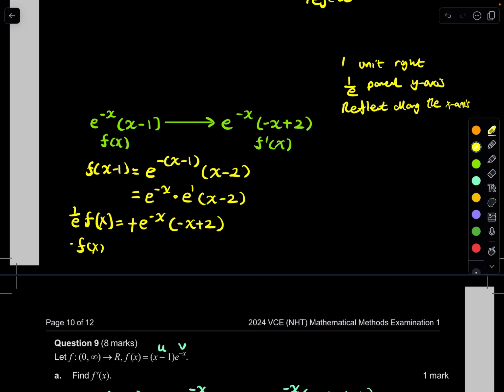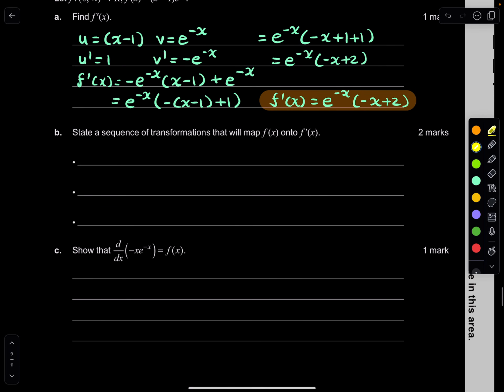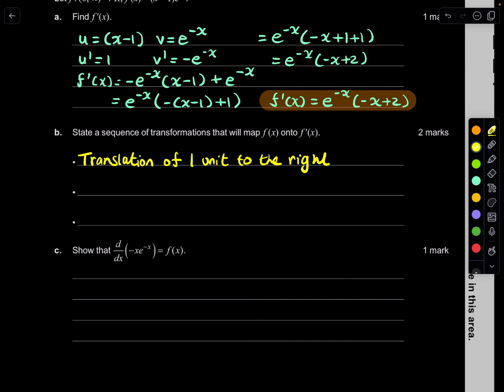So let's write these transformations down. The first one is a translation of 1 unit to the right. You can say to the positive x-axis direction, but all the same, to the right.